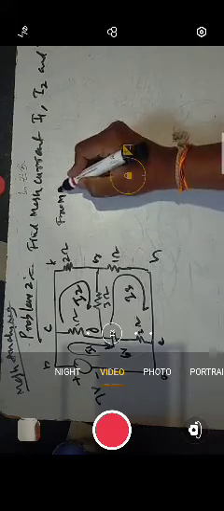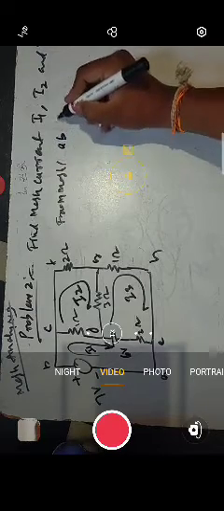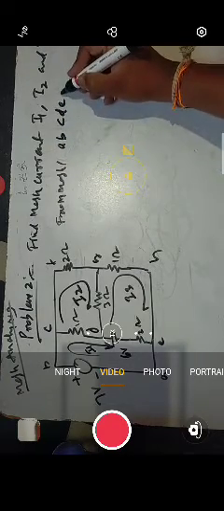From mesh 1, that is A, B, C, D, E and again A. Note that here 1 ohm is the resistance for both mesh 1 and mesh 2, and here 2 ohm is the resistance for both mesh 1 and mesh 3.